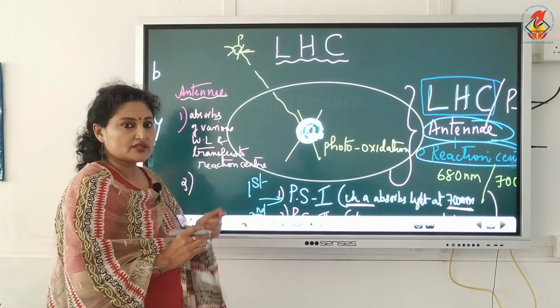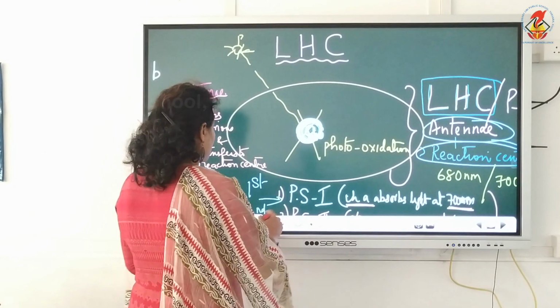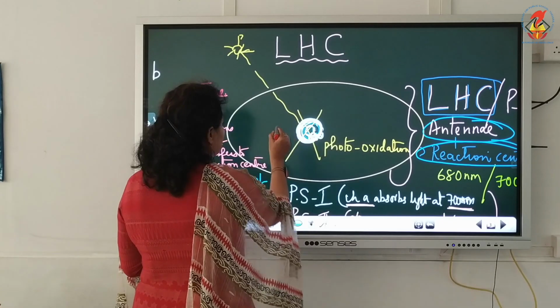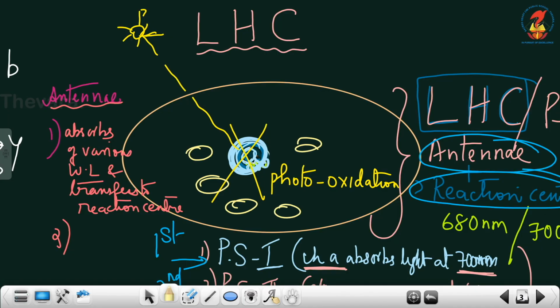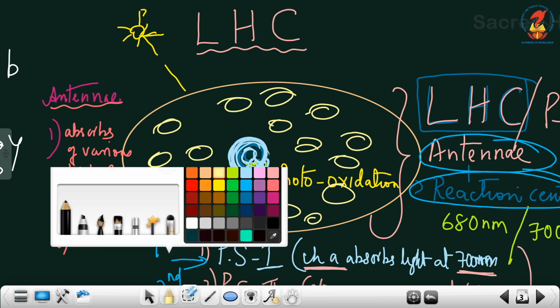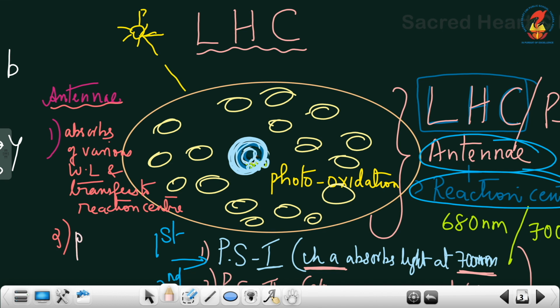But now it is not being harmed by the sun's light because it is protected by the adjacent pigments, the pigments which are present around it, chlorophyll B, xanthophylls and carotenoids, which protect it from photooxidation. So this event, photooxidation, does not occur, it is well protected. So, the second function: protects chlorophyll A from photooxidation.